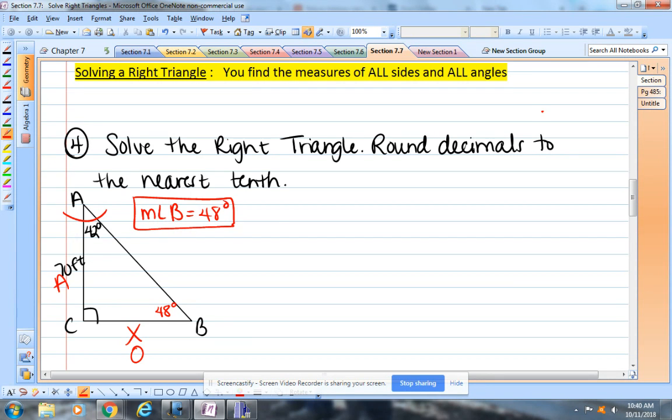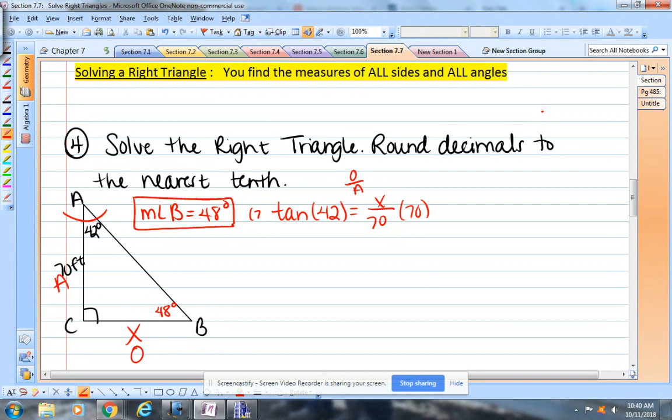Y'all with me? So I'm going to say the tangent of 42 degrees equals opposite over adjacent. So I'm going to say x over 70. So how am I going to get x by itself?